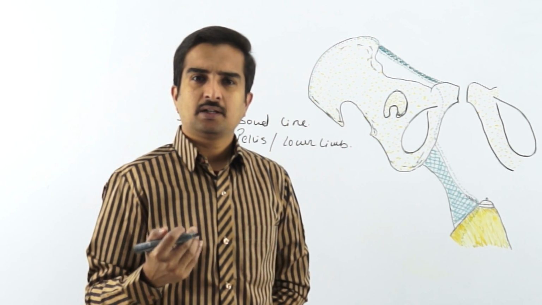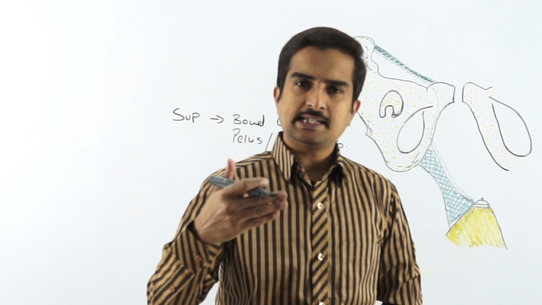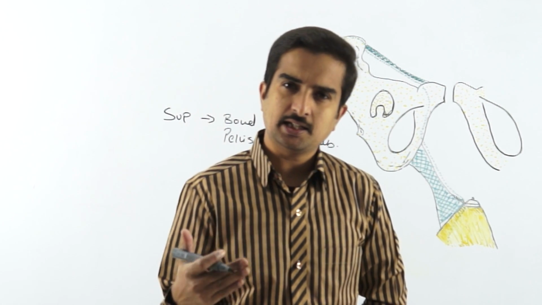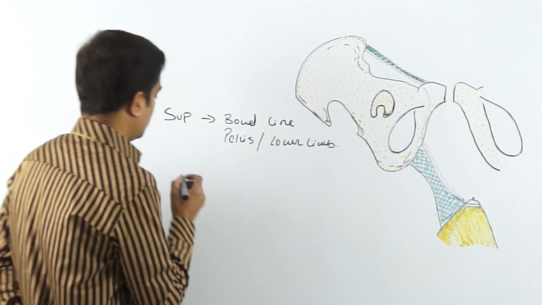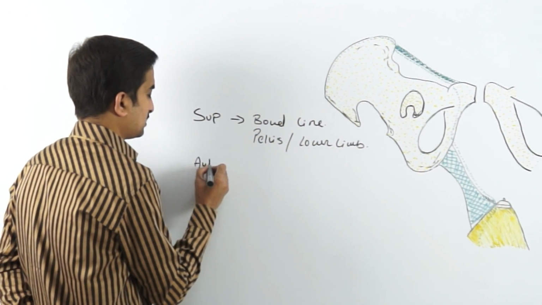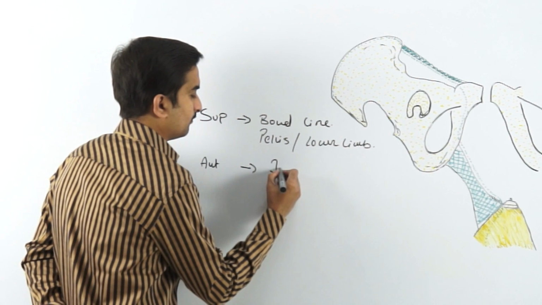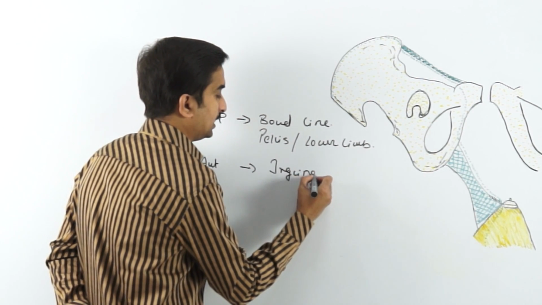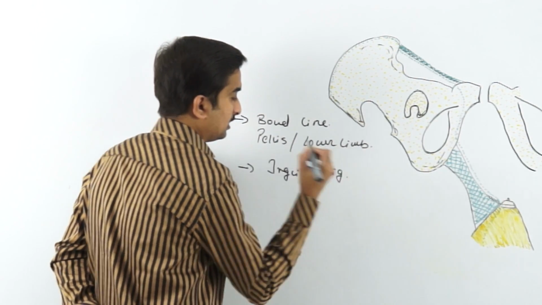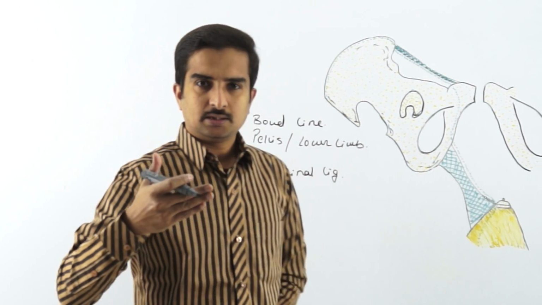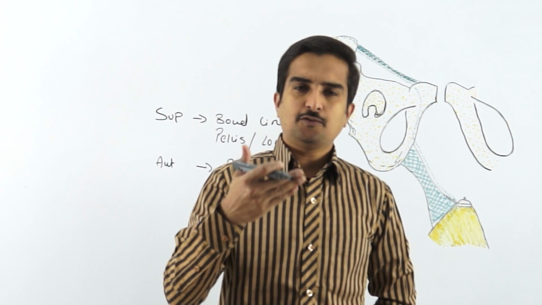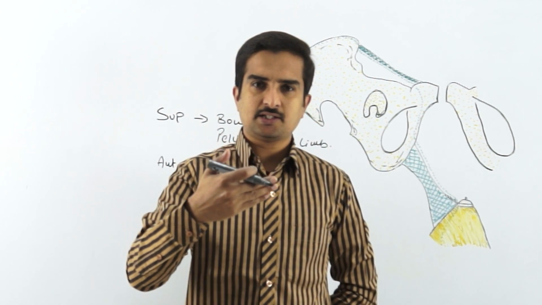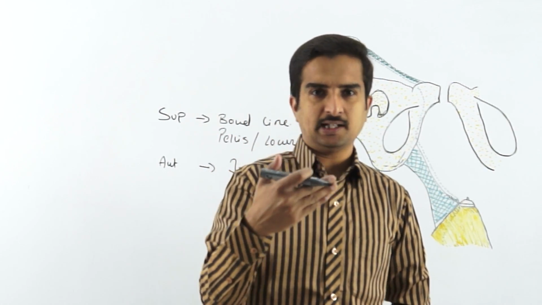Anteriorly it is attached to the inguinal ligament. You know that the inguinal ligament forms the anterior boundary, so from there anteriorly it gives attachment to the inguinal ligament.